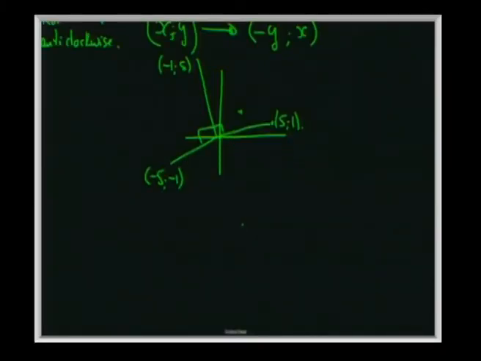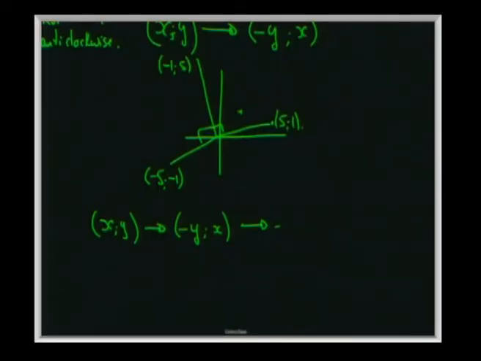Let's have a look at that algebraically. I'm going to do it in 2 steps and then condense it into 1 if that's the way that you would prefer to remember it. So I started off with my point (x, y), and that became (minus y, x) on my first 90 degrees. I then flipped it over another 90 degrees, and it has exactly the same transformation, and it lands up being (minus x, minus y).